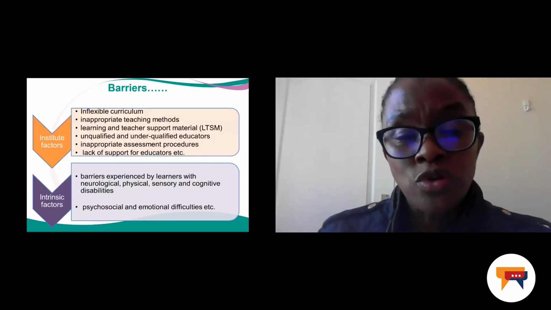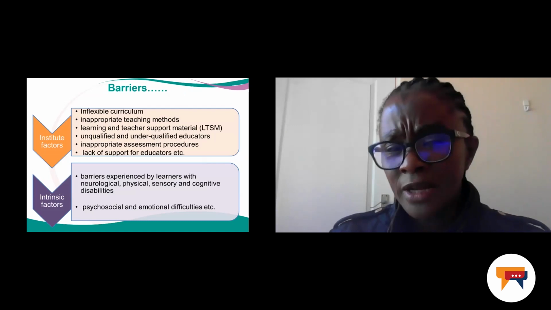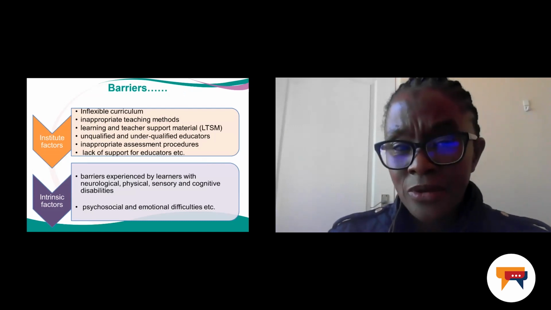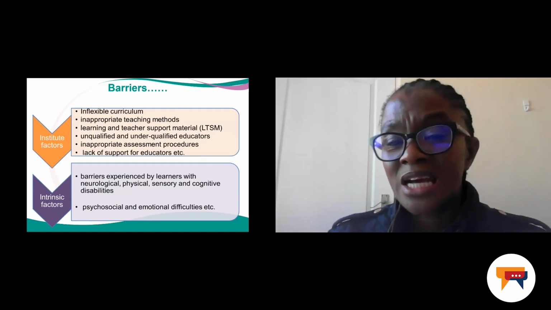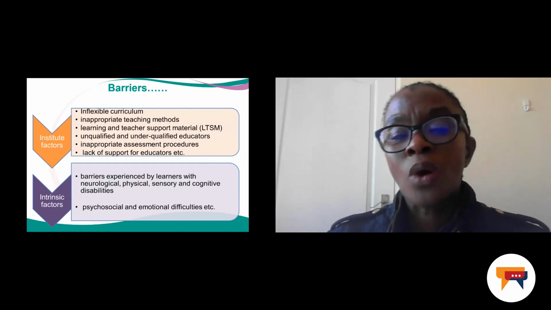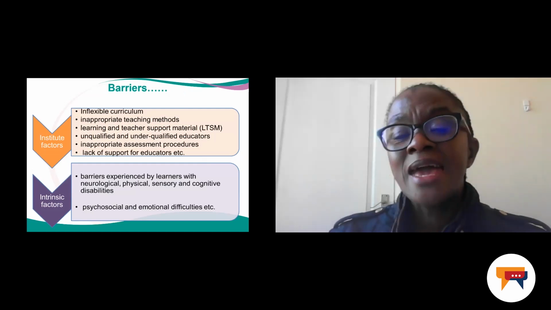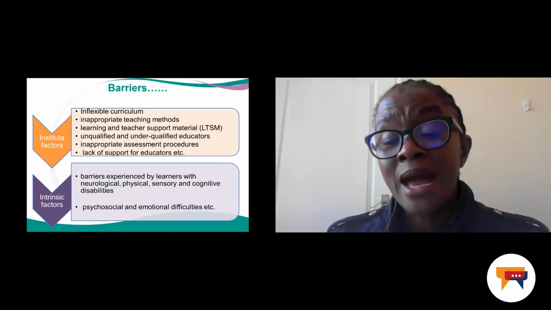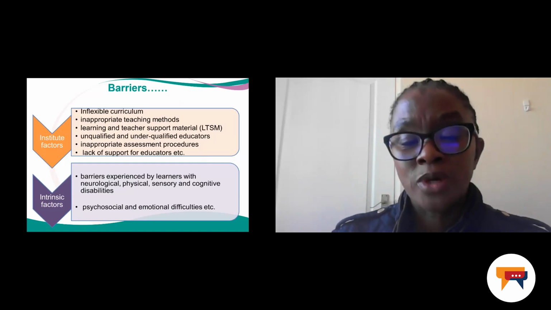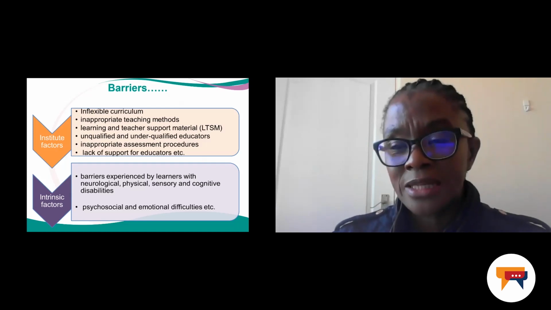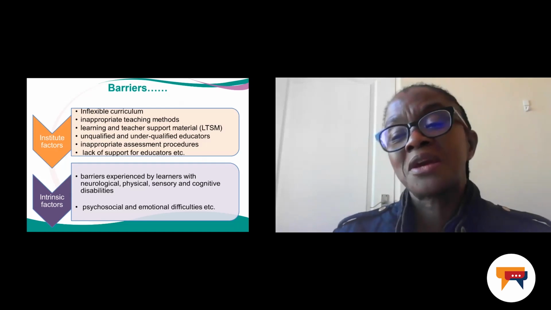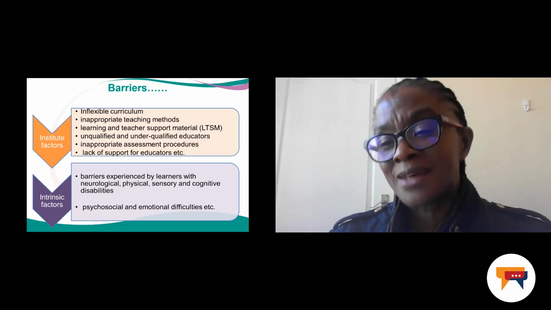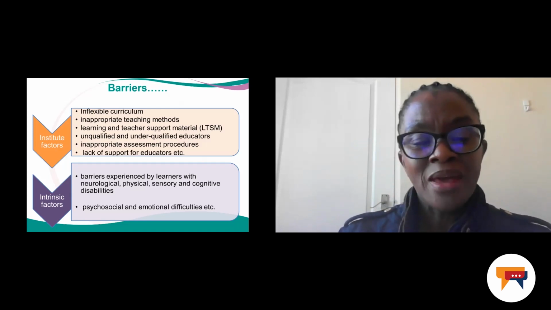We've got institutional factors. For example, inflexible curriculum, inappropriate teaching methods, learning and teaching support materials, unqualified and underqualified teachers, inappropriate assessment procedures, lack of support for educators. Because remember, teachers also need support so that they can be able to provide support to learners.